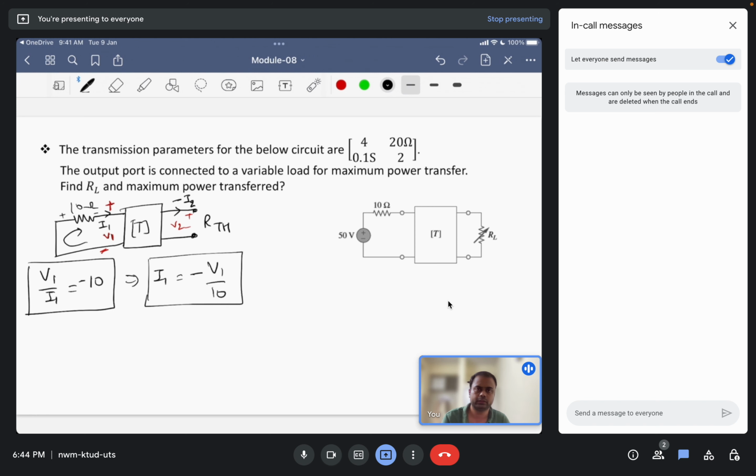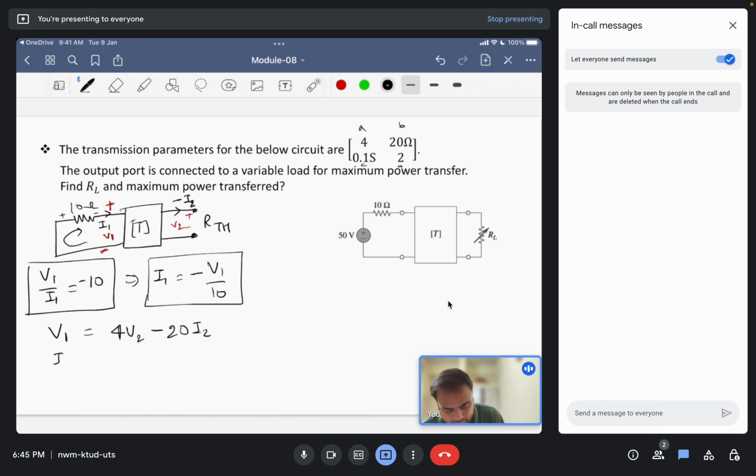Now let us write all the ABCD parameter equations. First of all, V1 is equal to A times V2 minus B times I2. Here A, B, C, D are the ABCD parameters, so A is 4 and B is 20: 4 times V2 minus 20 times I2.